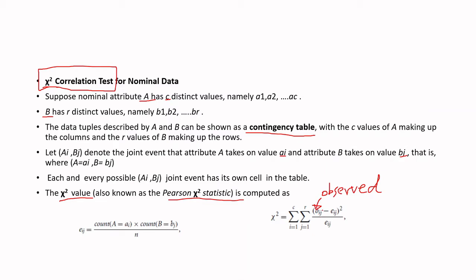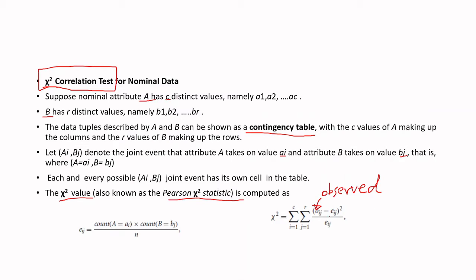So in each cell, the observed number is Oij. Okay, and E stands for expected. Expected means if those two attributes are independent, how many count do you expect there, and how many is the actual observed value. The difference between them is what we are finding out here.